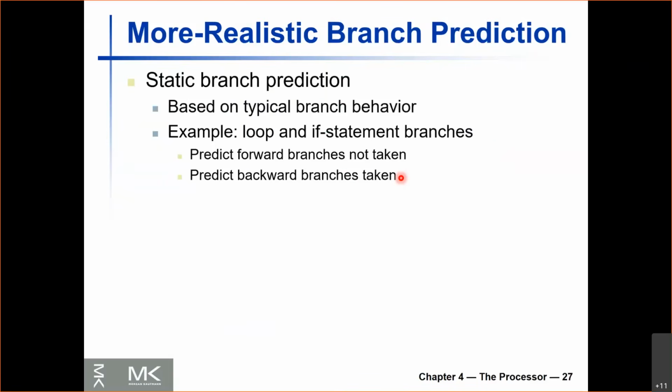So by predicting a forward branch as not taken, I'm assuming that the condition is true, and in most cases conditions are true, because programmers write them in their true form, not in their false form.